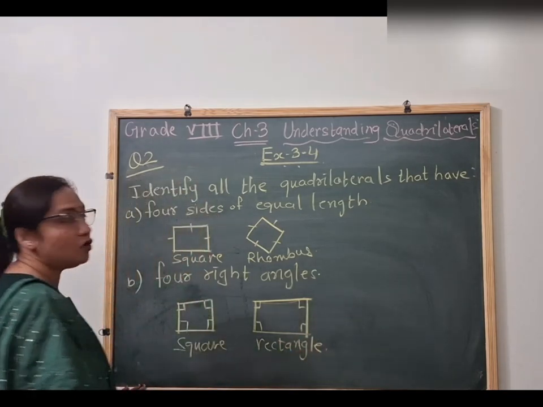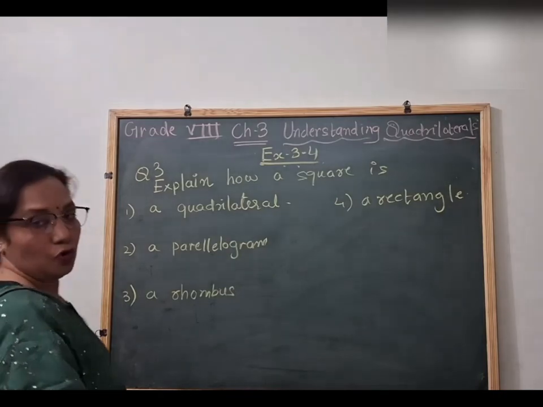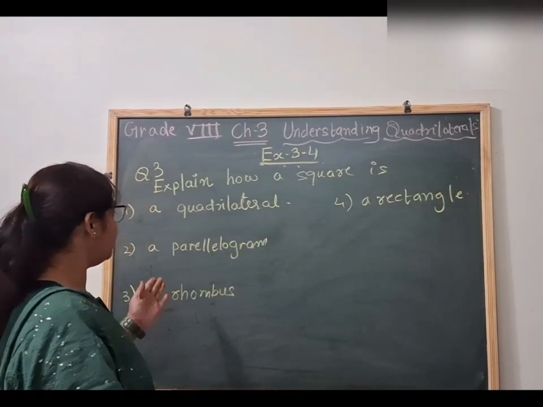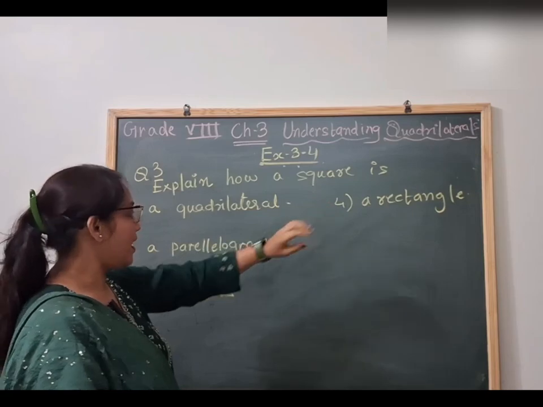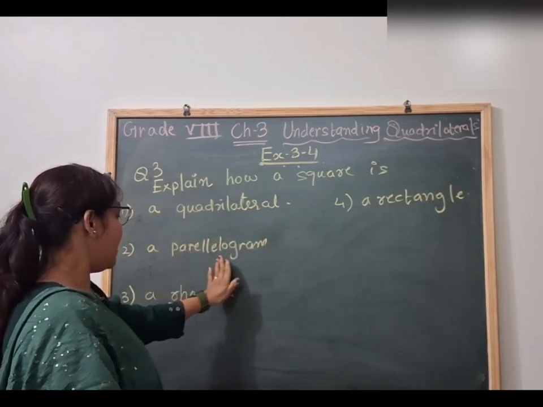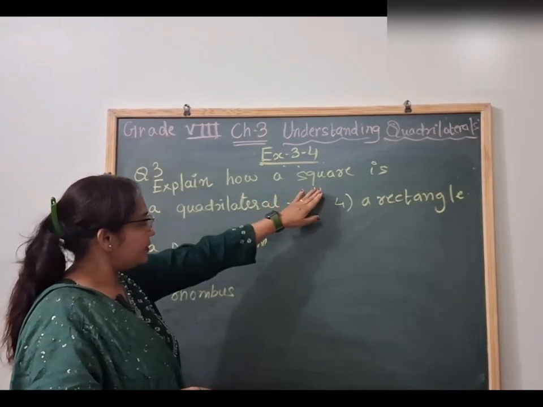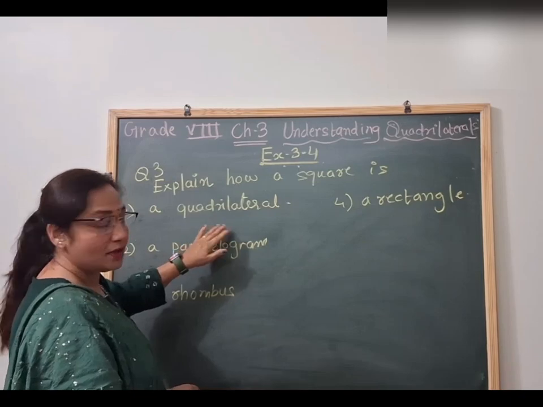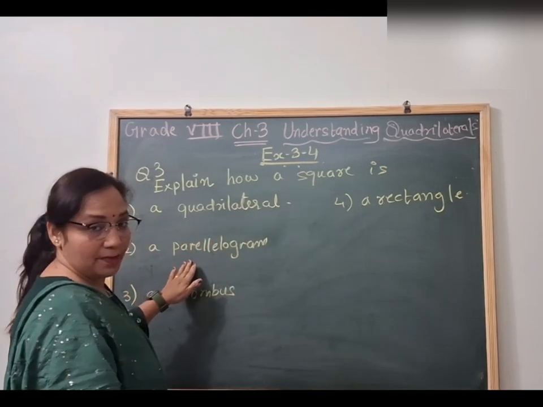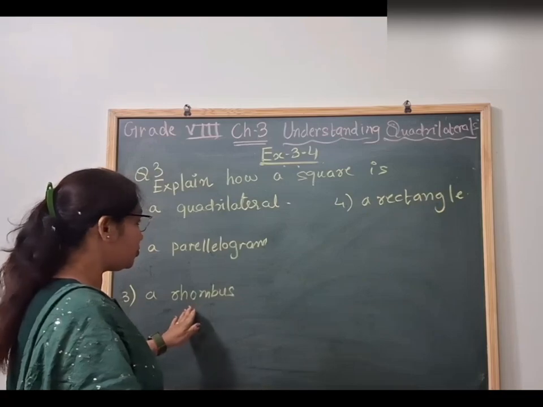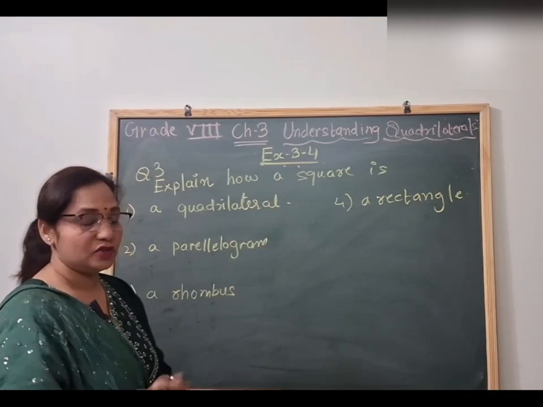Okay students, now moving on to question number 3. Question number 3 says explain how a square is a quadrilateral, a parallelogram, a rhombus and a rectangle. So we have to prove here how can a square be a quadrilateral, how can a square be a parallelogram, how can a square be a rhombus, and how can a square be a rectangle. So let us do that.